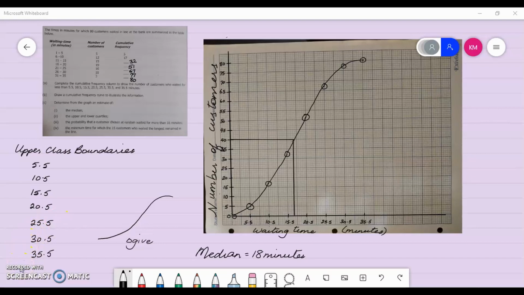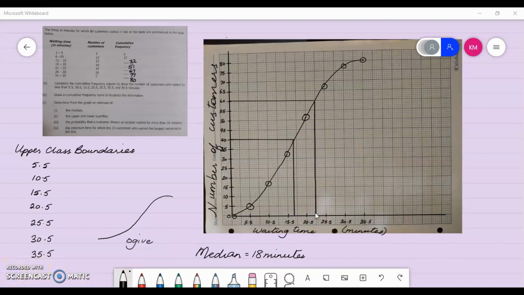Now we are going to do similar working to find out my upper and lower quartiles. So my upper quartile, I'm going to find 3/4 of that total customers, which is 80 customers, and 3/4 of 80 is 60. So I look for 60. I draw a horizontal line until it touches my curve, and then at that point, I bring down a vertical line until it touches my x-axis.